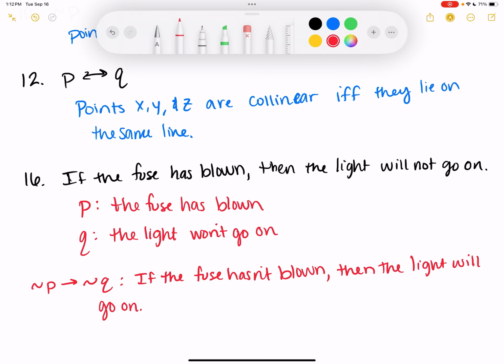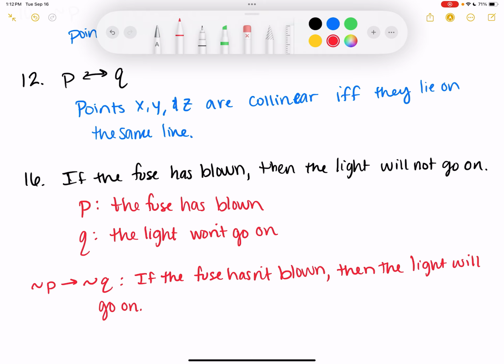Okay, so sometimes negating is actually undoing something that's already listed as a not, correct? So a conditional statement was the light will not go on. So the inverse of that is the light will go on. Sometimes it's not putting a not in there, it's actually removing a not. Okay.